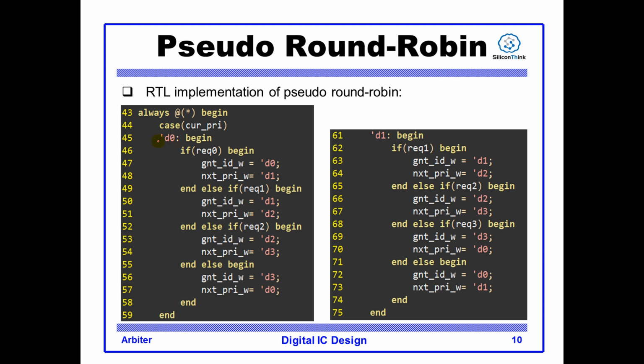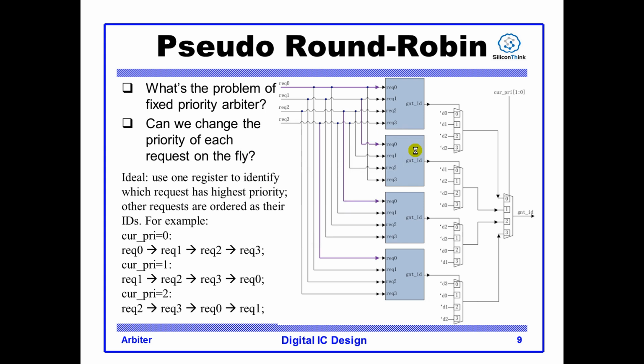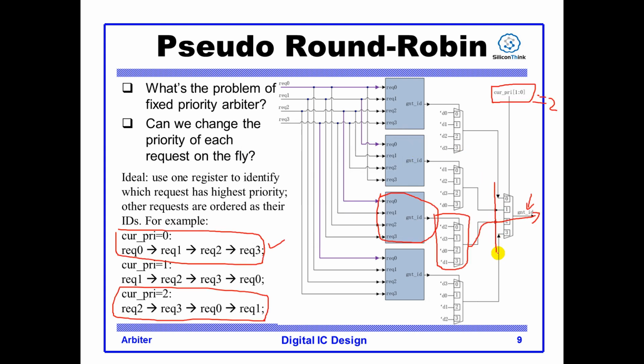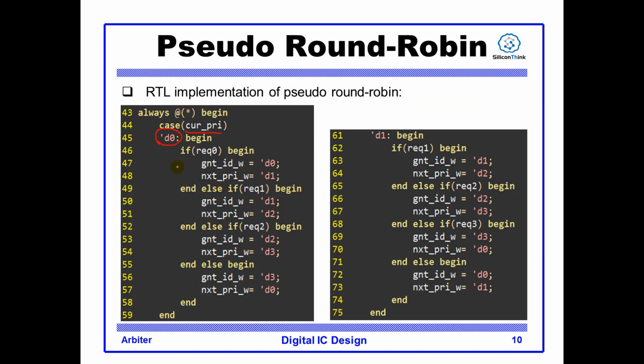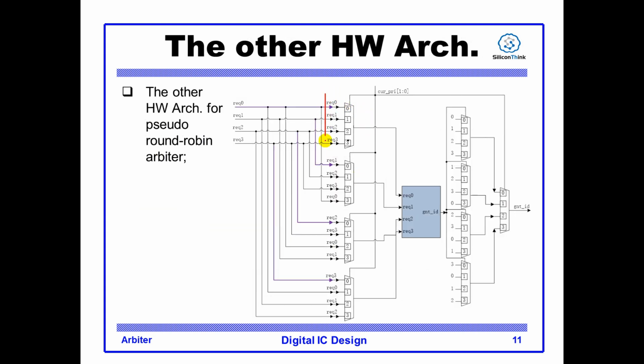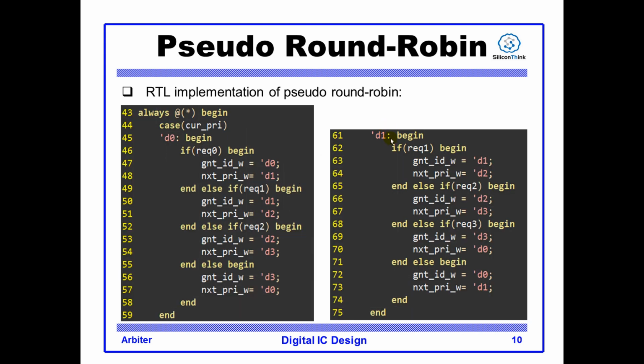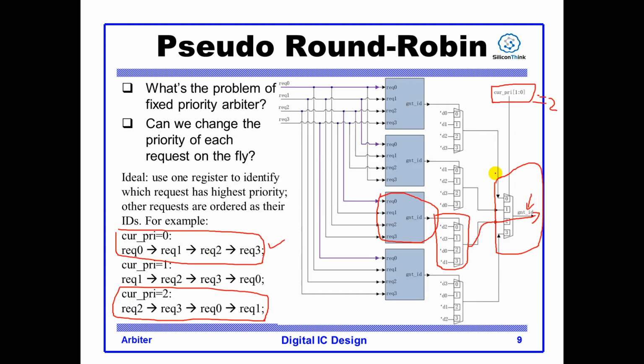So this is the final mux, the case of the current priority. This mux is the mux here. Within each block, this block is actually the circuit here.